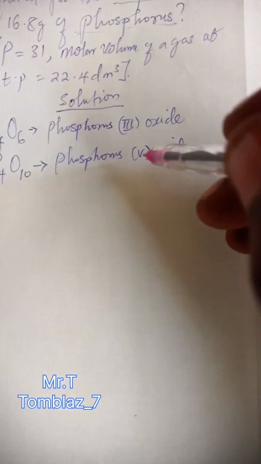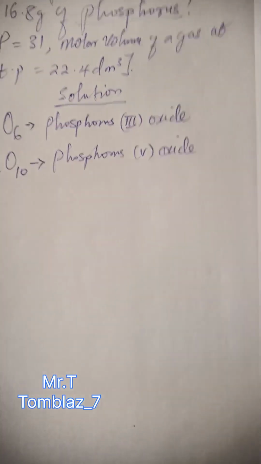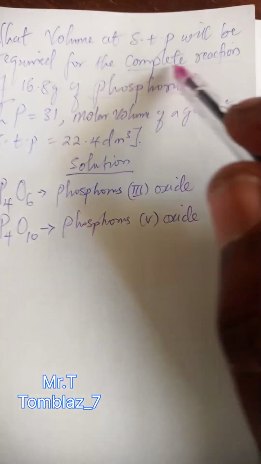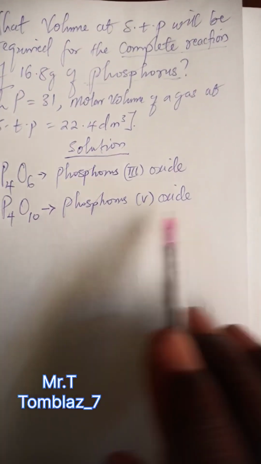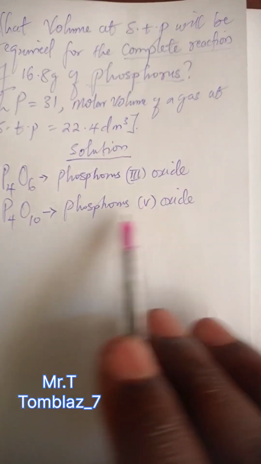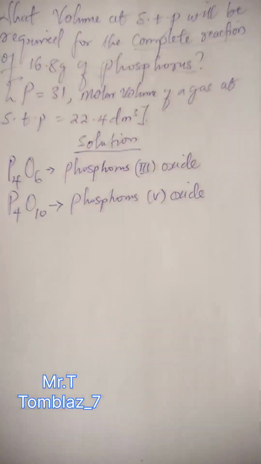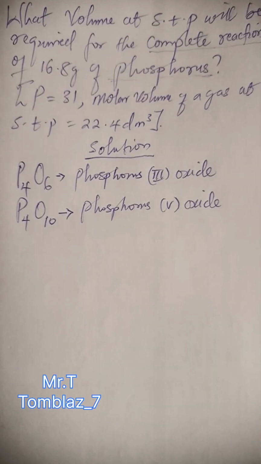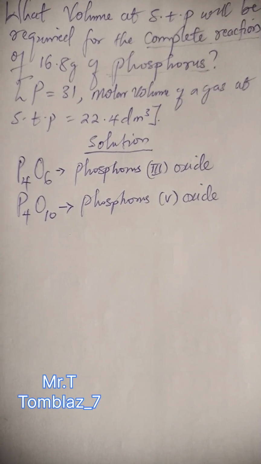But if you have excess supply of oxygen while you are burning phosphorus, you have phosphorus 5 oxide. Now based on this question, they say complete reaction. That means we are talking about excess supply of oxygen. So it's going to be producing phosphorus 5 oxide.